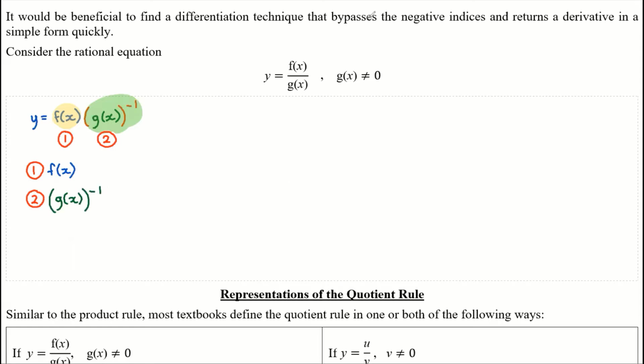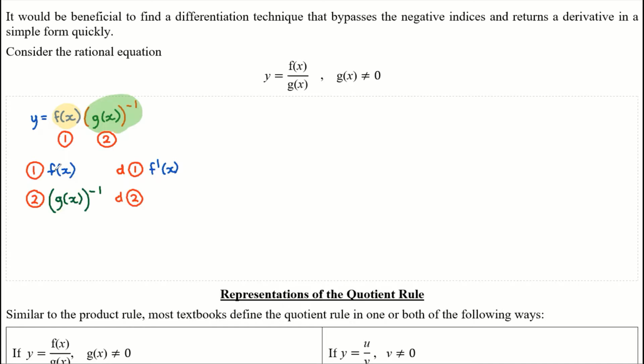My task now is to differentiate each of these. So I've got to find d1 and I've got to find d2. Well, d1, the derivative of f of x with respect to x, of course, is just going to be f dash x, which is how we write it.